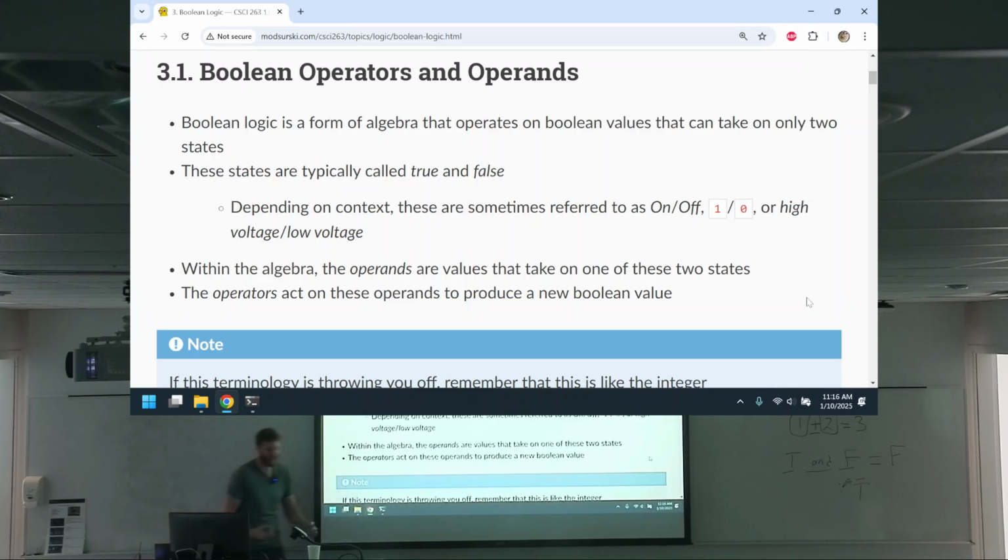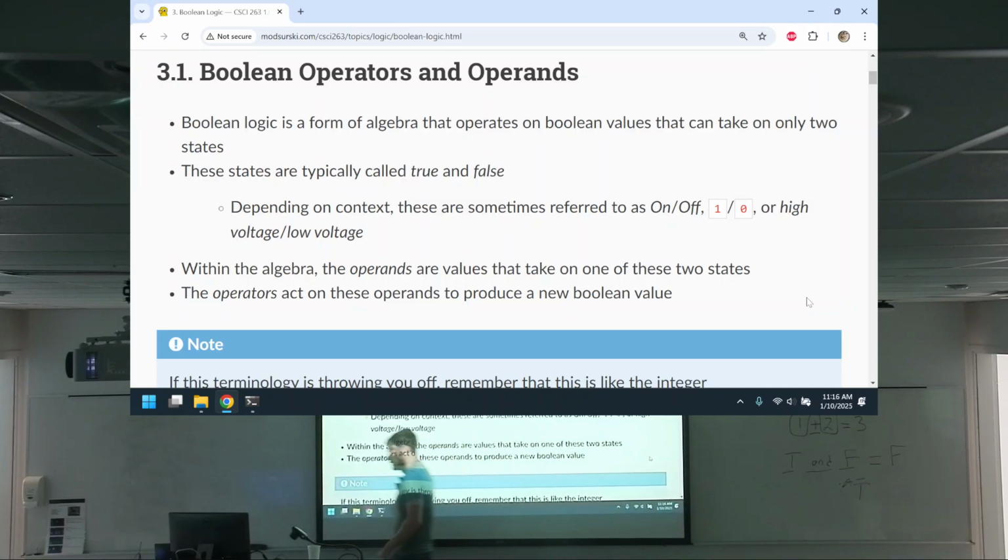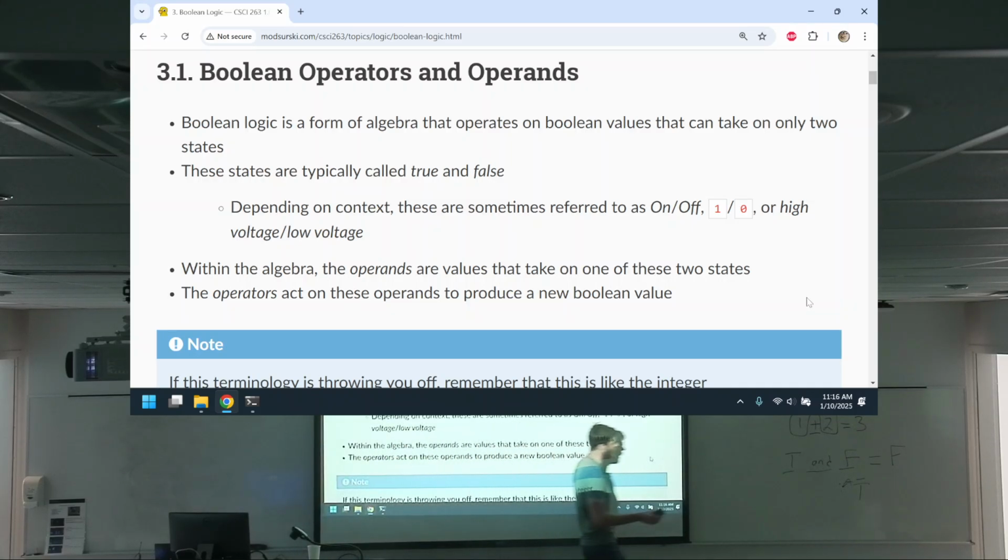We can generalize the Boolean operators, or the binary operators, to be like true and false and true.